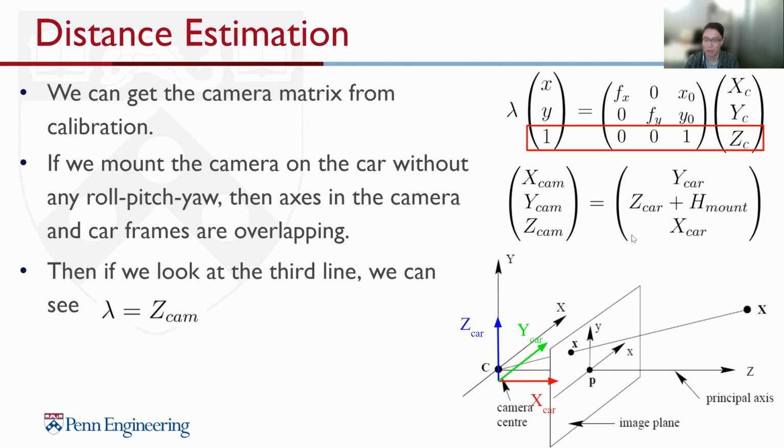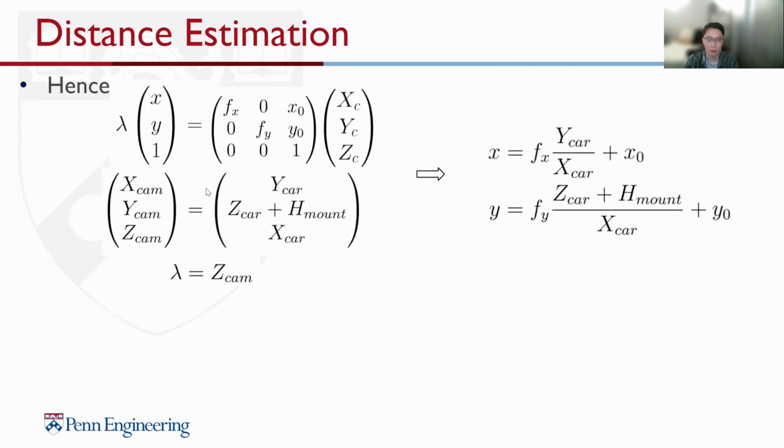So we will have this relationship. If we look at the third row over here, this is the relation, right? The Z in the camera frame is exactly the same as lambda. So if we put this together and rewrite everything, we'll have this relationship.